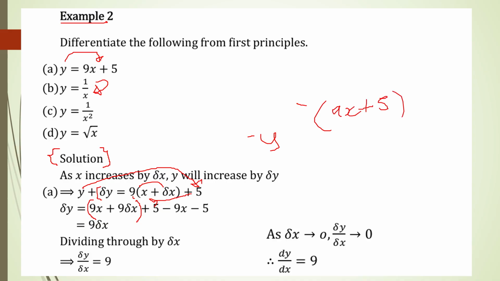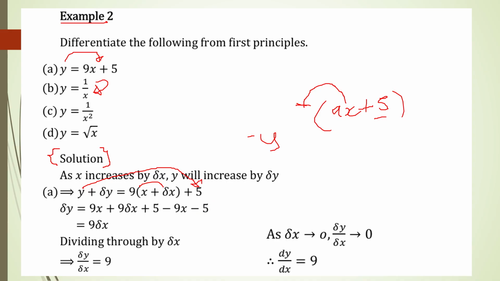So this negative, when opening up this bracket, makes 9x to be negative 9x and positive 5 to be negative 5. In simplifying and collecting like terms, you see that 5 and negative 5 cancel. Also negative 9x and positive 9x cancel, and then you remain with 9 delta x, or 9 small change of x. Delta x and small change of x mean the same thing.